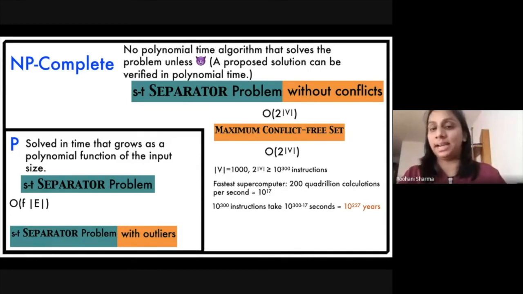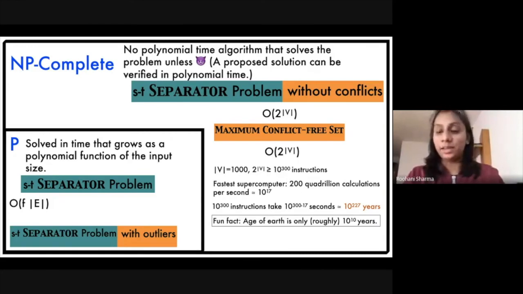This means to solve these 10 to the power 300 instructions, one will take roughly 10 to the power 227 years, which is insane. And just a fun fact, the age of the earth is merely 10 to the power 10 years. So let us compare this with the algorithm that we had for the ST separator problem.